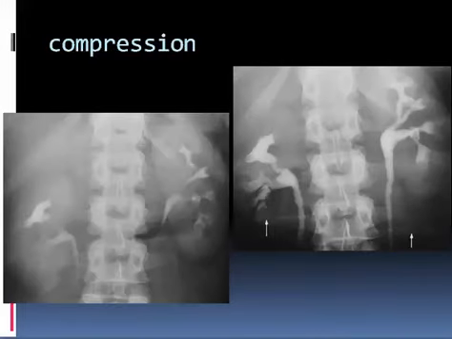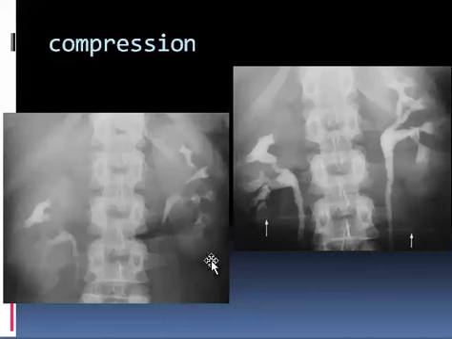Now, if you are doing an intravenous pyelogram, you will use compression, and the compression here is intended to press on the ureters at the pelvic promontory, at the pelvic brim, thus giving this appearance.